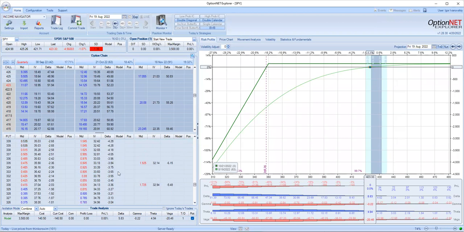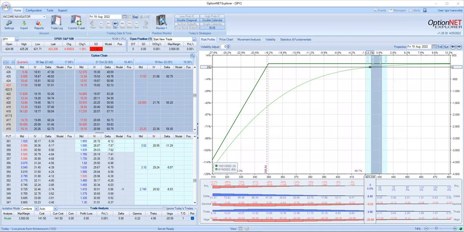You can probably safely assume that your Reg T margin is going to be about 10% of the notional value. So the notional value for this option, you can take 350 times 100. The notional value of this contract is $35,000. Take 10% of that, it's $3,500.